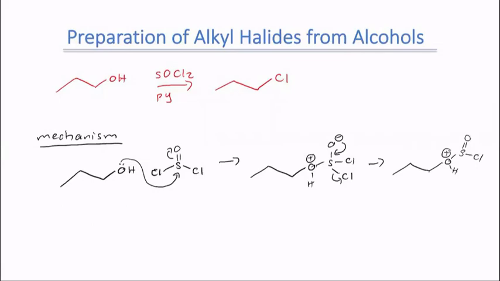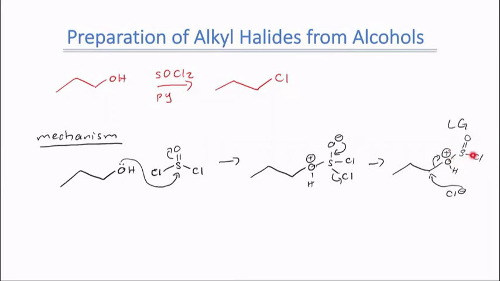That chlorine that got kicked out comes back and attacks the carbon that the positively charged oxygen is attached to, which then moves electrons to the oxygen. So this whole part of the molecule here leaves, we'll call it our leaving group.